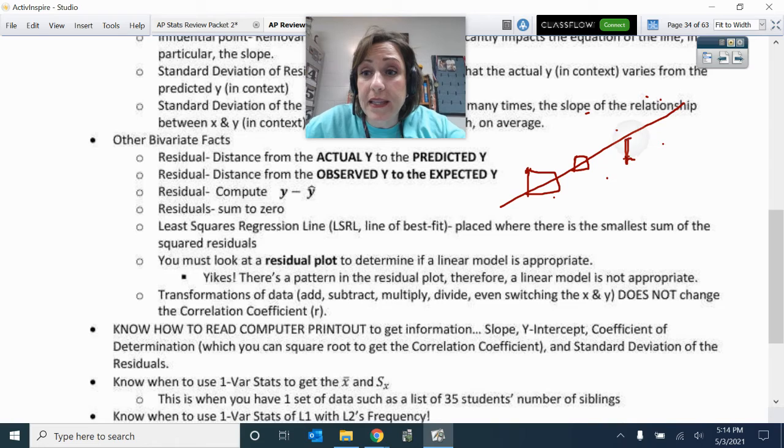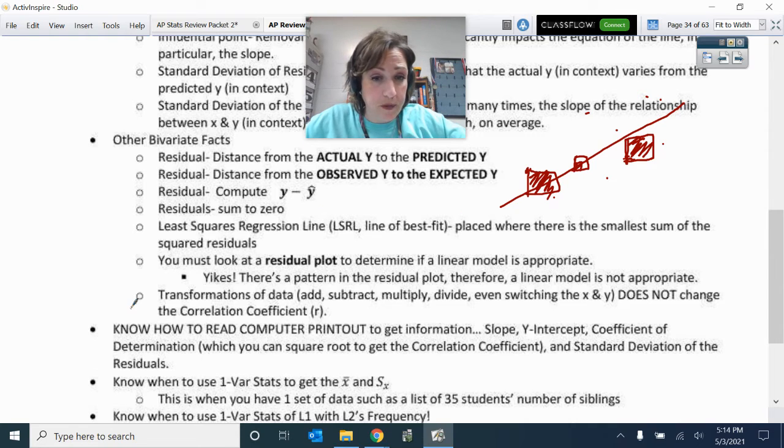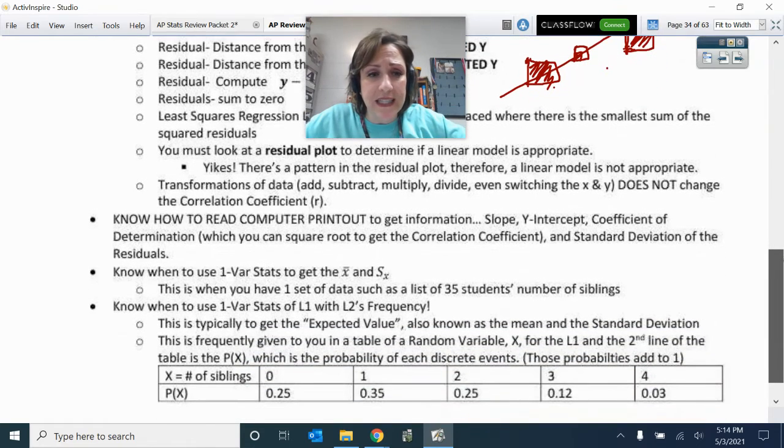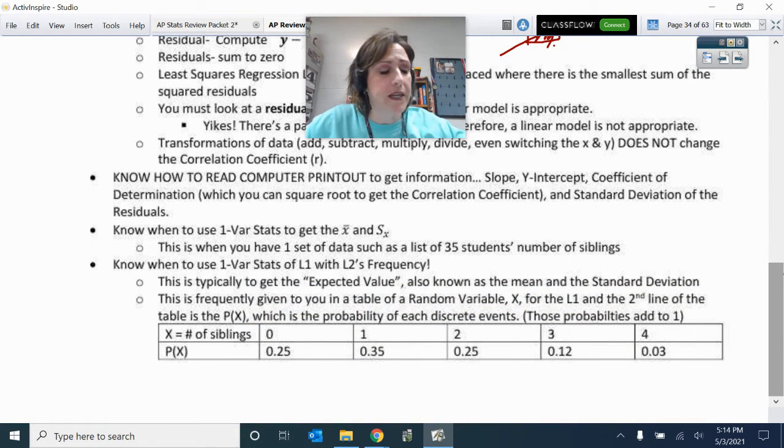So we add up the squared residuals. And the location of this line where the sum of all these areas is the smallest, that's where your line is supposed to be located. All right, remember, if there's a pattern in the residual plot, then a linear model is not appropriate.